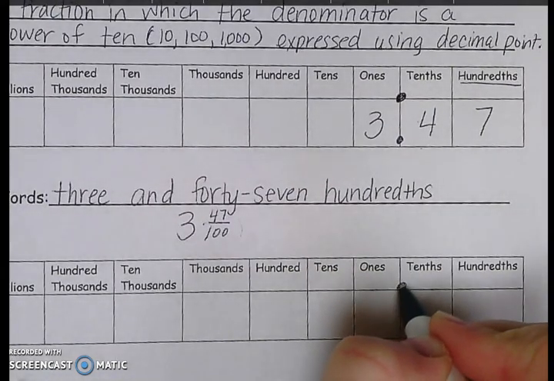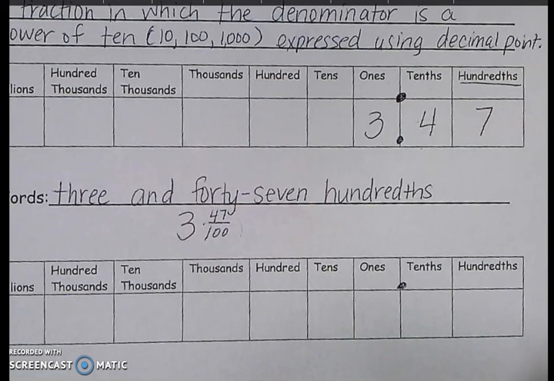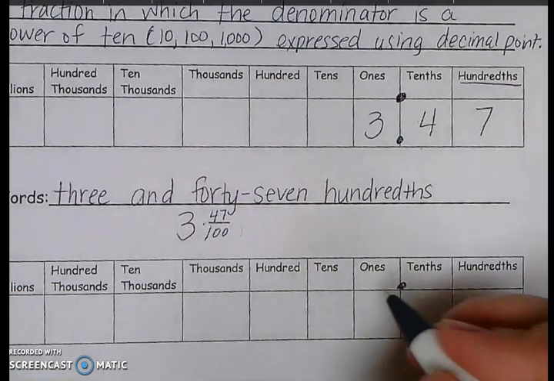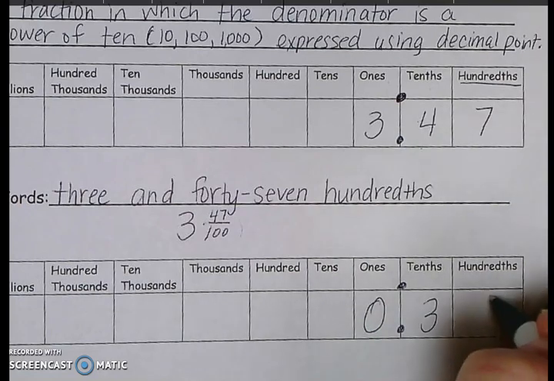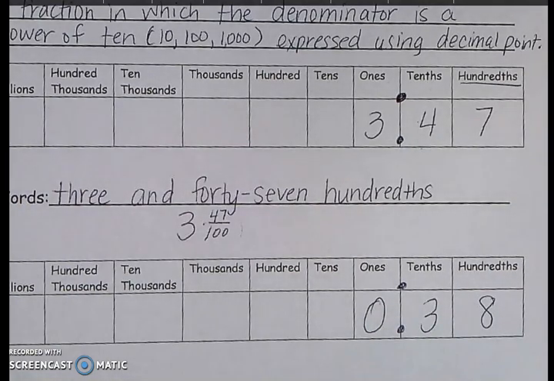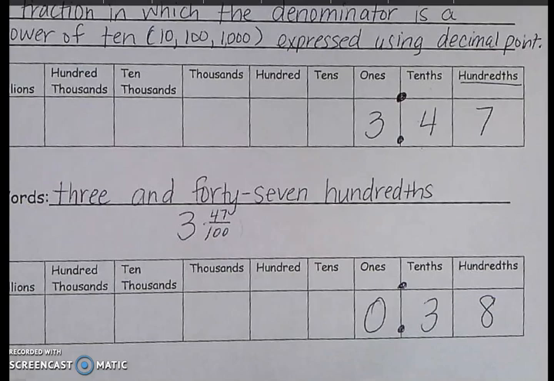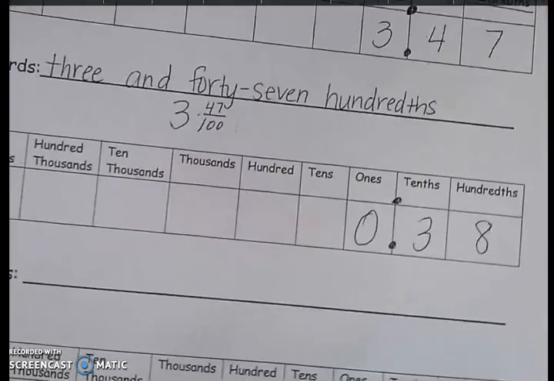My decimal point is always between my ones and my tenths place. So let's say we have 0.38. I have no whole numbers here, I just have a decimal.